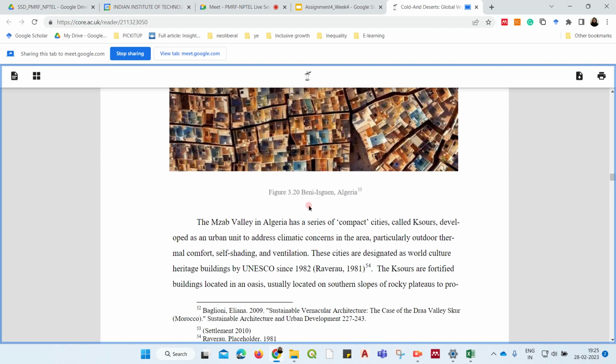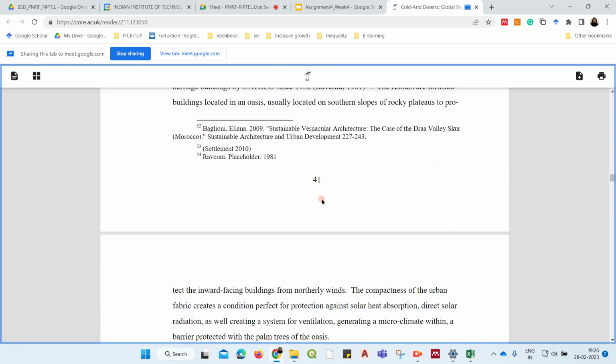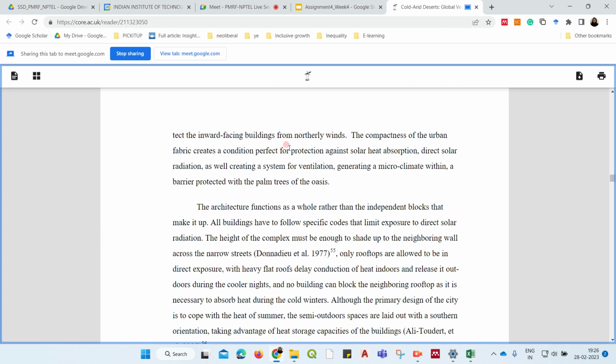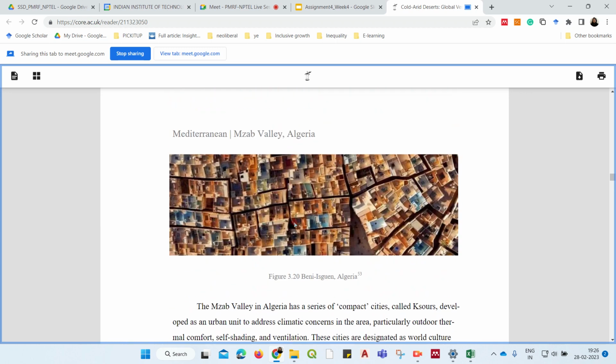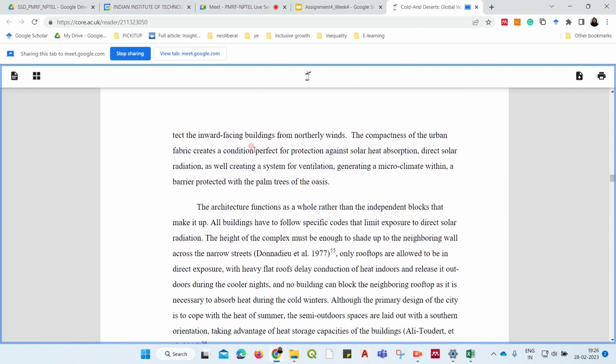For example, this is a valley in Algeria, and this is how they are developed. They are made in a very compact nature to protect from the heat and from the northern winds.